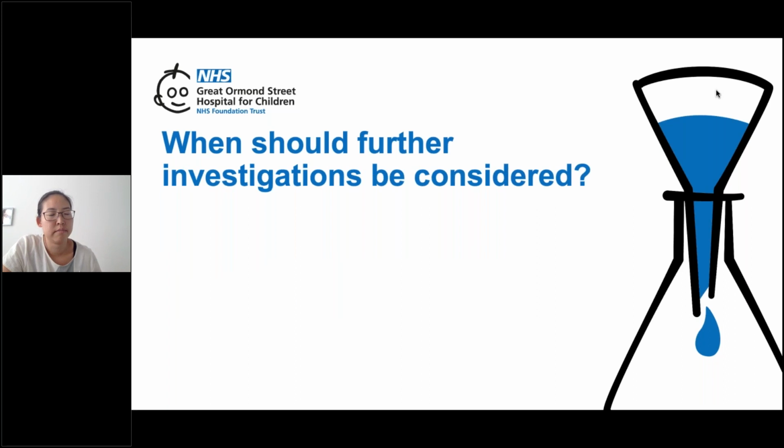The endocrine side of things for hypoglycemia, they've written a paper on this, and they've made some recommendations on when further investigations should be considered, because at different points in your life, whether you've just been born, your blood sugar threshold levels might be different. If you've worked in different hospitals, you would know that all hospitals might have different cutoffs for neonatal hypoglycemia.